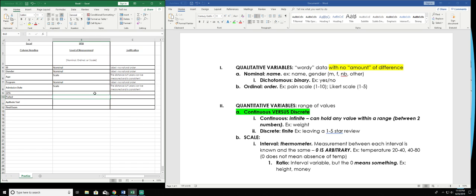The justification for classifying any of these as ordinal comes from how we talked about a scale. There's a scale of numbers, but the difference between the integers is abstract.